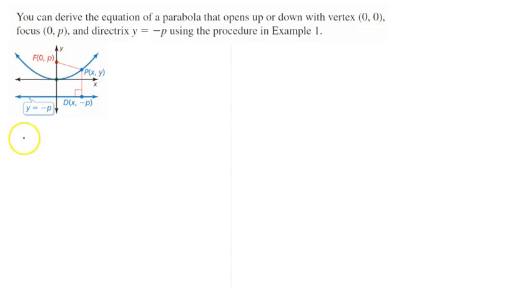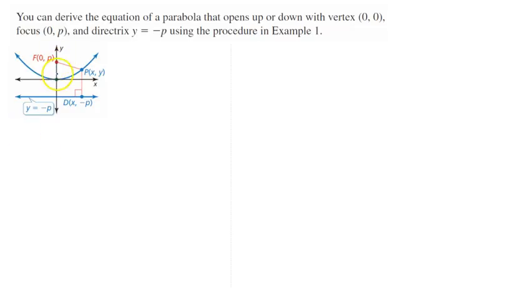So let's do that. Let's assume that our focus is (0, p) and our directrix is y equals negative p, which means if we pick any point (x, y), the point on our directrix is (x, negative p). So let's find the distances and see what happens.